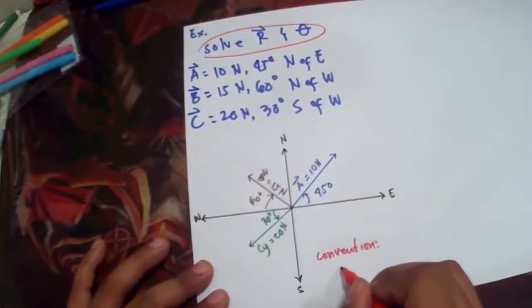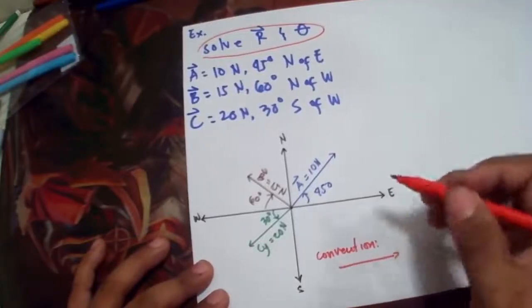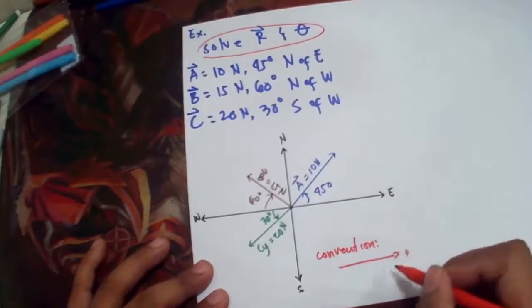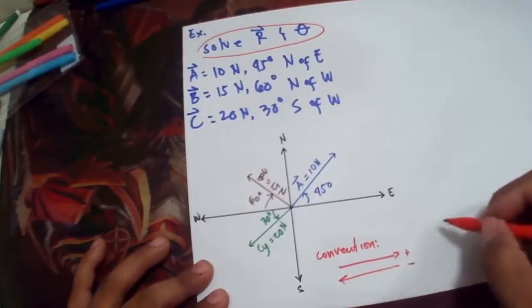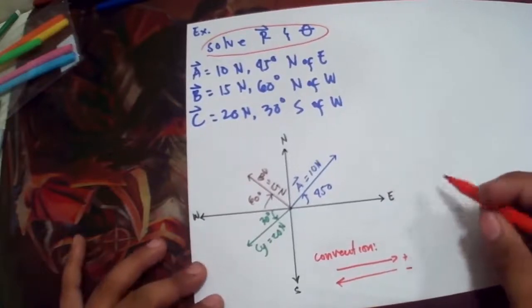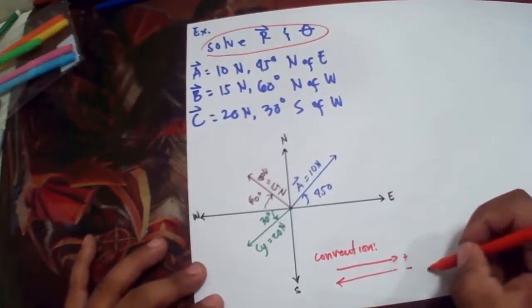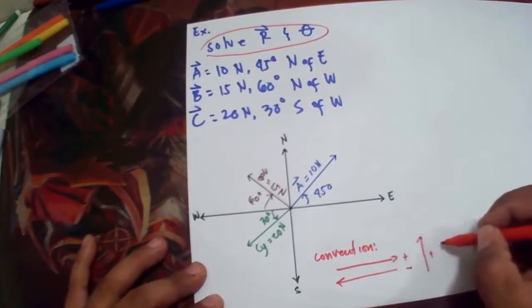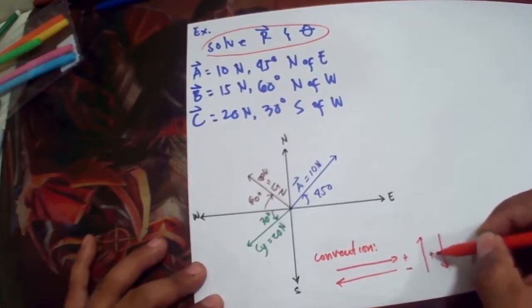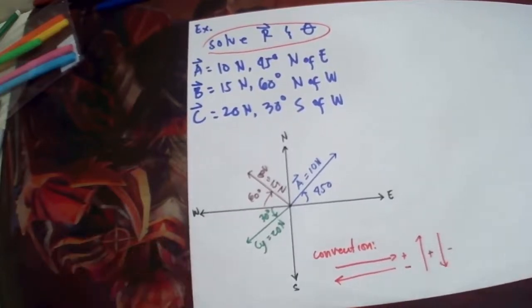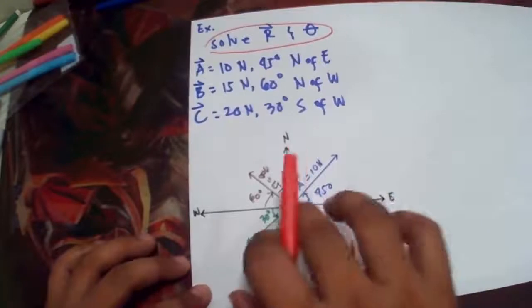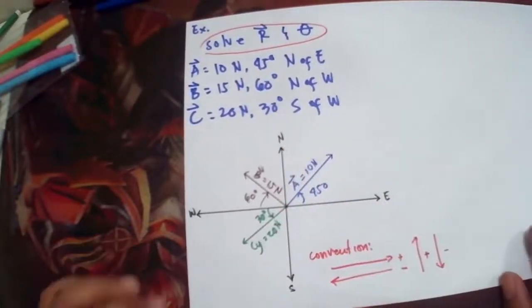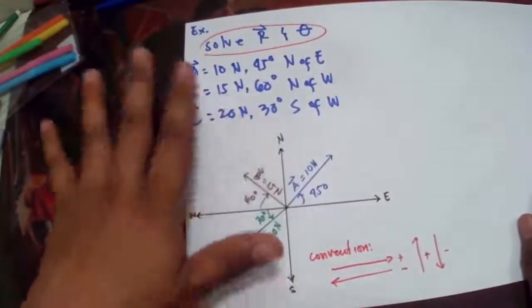Try to remember that if the vector is going to the right, along this line, this is positive, and if it is going to the left, that is negative. And if the vector is going upward, that's positive, and if the vector is going downward, it's negative. So these are just the basic conventional signs that we need to consider when solving this one. Okay. Having said that, let's go to the solution.